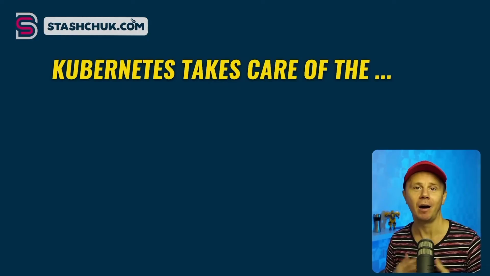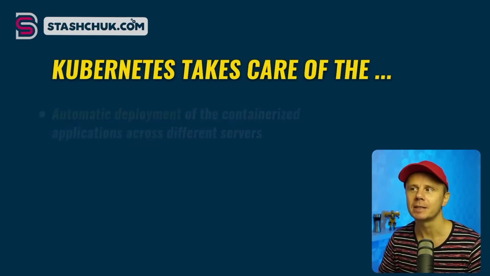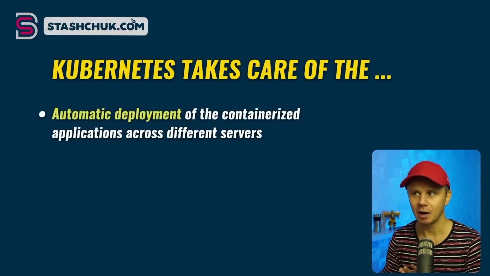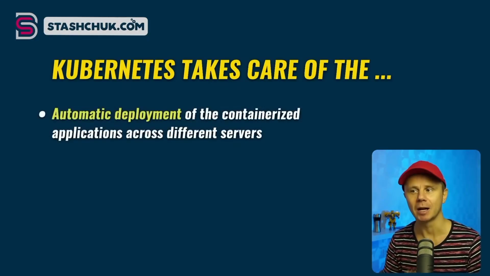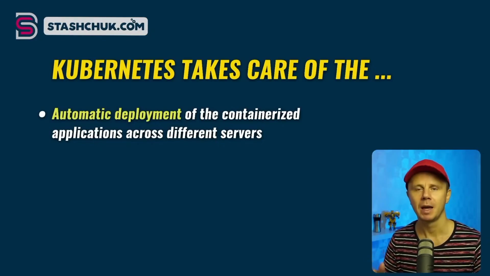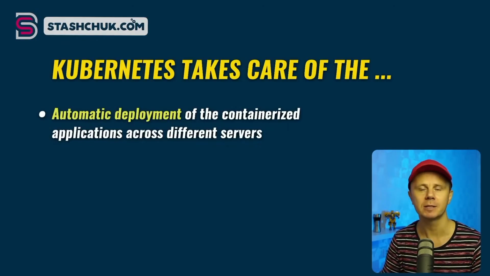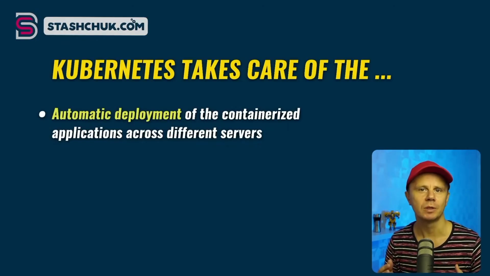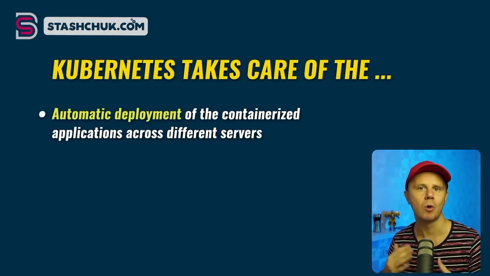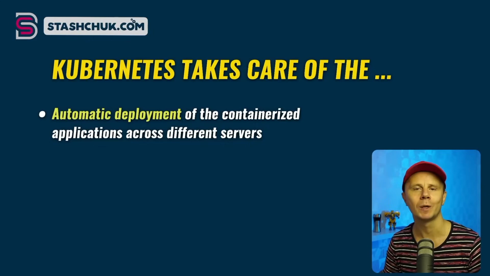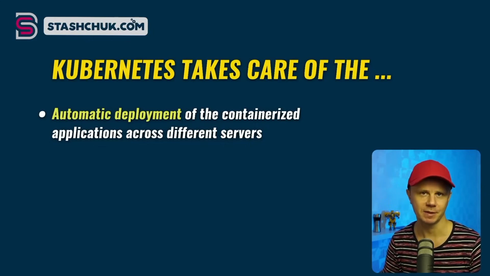Knowing this very simple trick, we can go on, and now let me explain to you what Kubernetes takes care of. Kubernetes takes care of automatic deployment of containerized applications across different servers. Those servers could be either bare metal, or physical servers, or virtual servers. The virtual servers option is of course more common nowadays, and almost no one uses bare metal servers now.